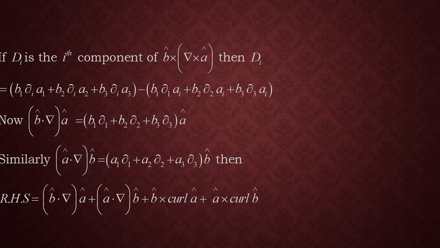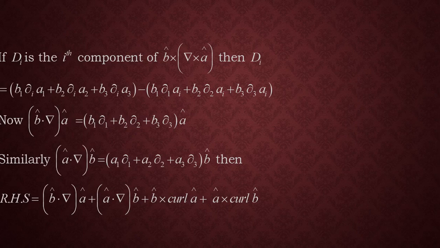So b dot del times a equals b1 ∂_1 plus b2 ∂_2 plus b3 ∂_3 times a. Similarly, a dot del times b equals a1 ∂_1 plus a2 ∂_2 plus a3 ∂_3 times b. So far, we have found all the ith components of the RHS of the given vector identity.